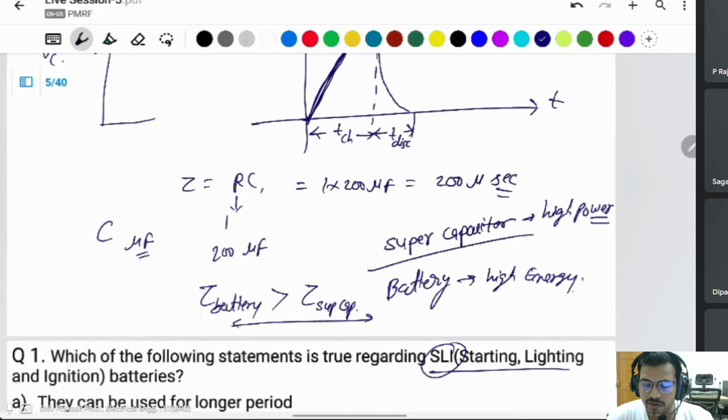The battery will not provide a large amount of current in a very short time. It will take time to give the large amount of current.